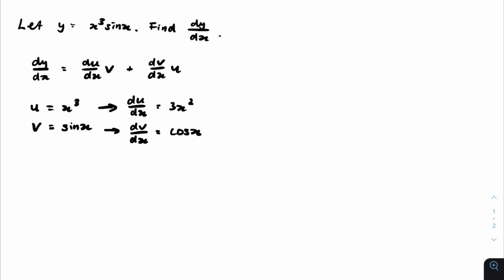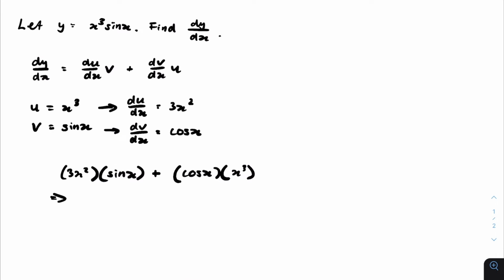All right, now we have everything we need in order to find dy over dx, which is ultimately what we're asked to find. We just need to plug it into the equation. So du over dx is first, so we write 3x squared, multiplied by v, which is sine x, plus dv over dx, which is cos x, multiplied by u, which is x cubed.